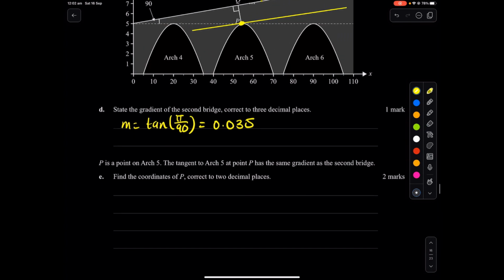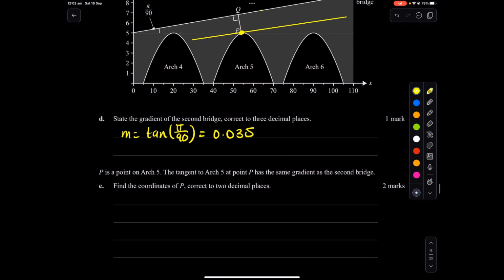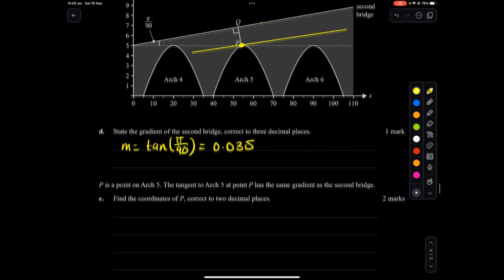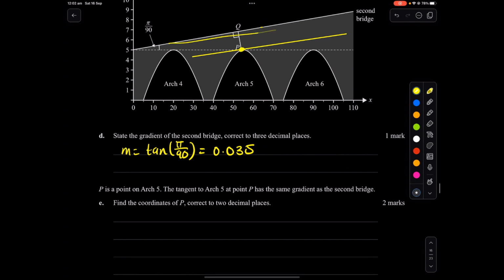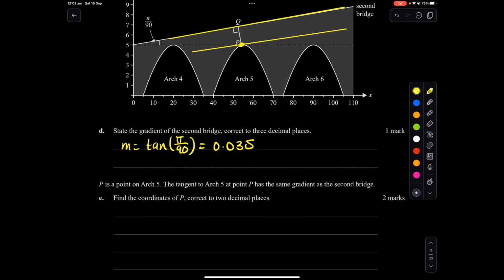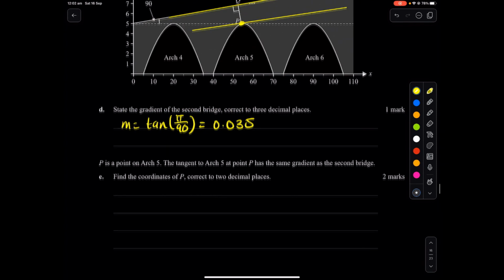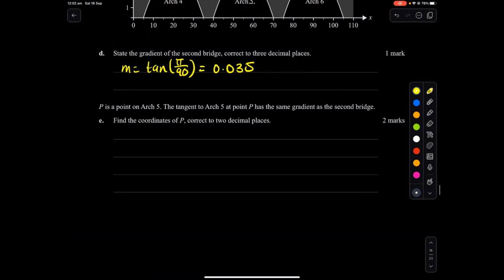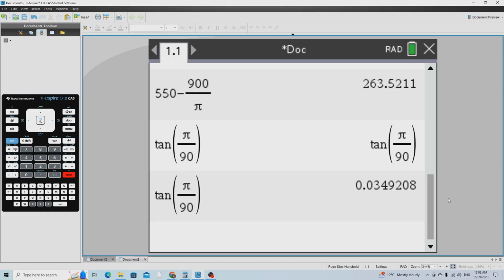Okay, so it's arc 5. Because we know the gradient of Q, and they have the same gradient, we can say, what's the derivative of h2 of x? So h2 dash of x is what?